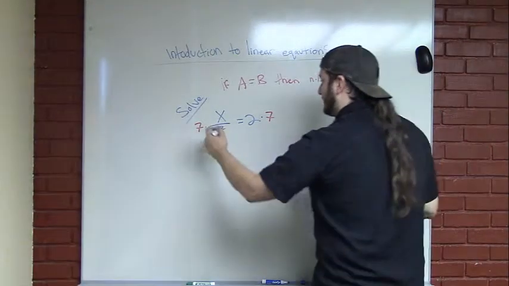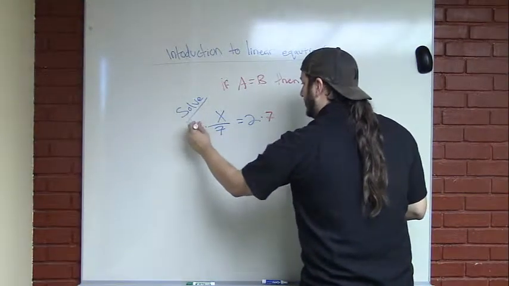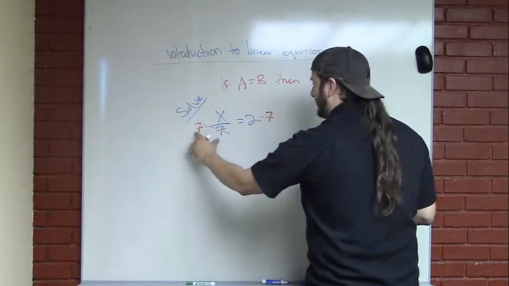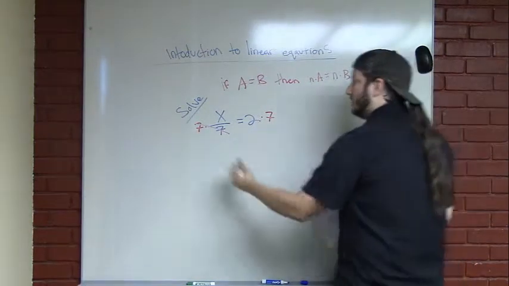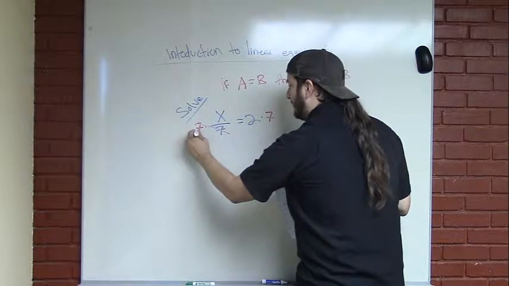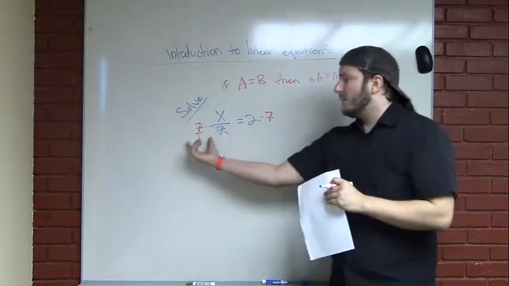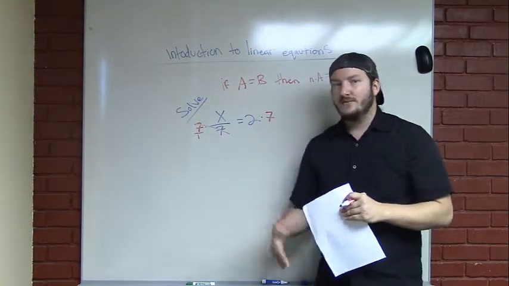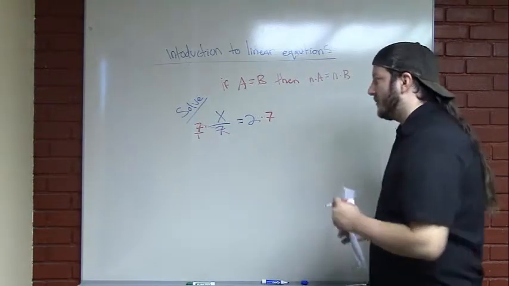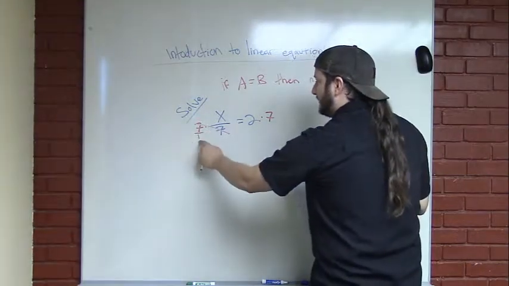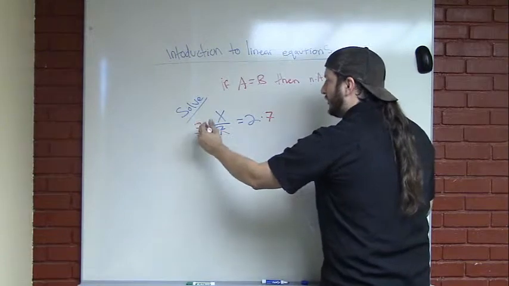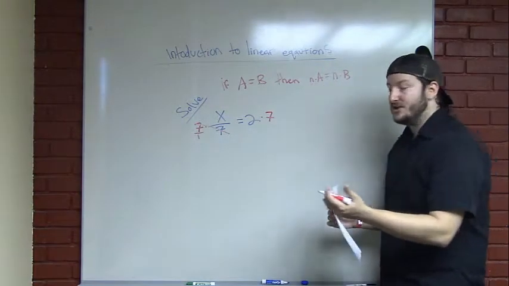Now, what happens with that is those 7s here cross out, because this is really like 7 over 1, okay? Any number, if it's just that number, it can always be divided by 1, always. It's just a property. So, since it's divided by 1 here, you can do what's called cross multiplication, okay?